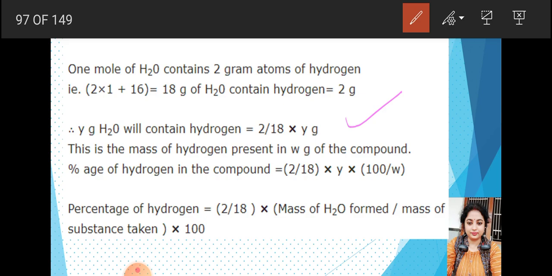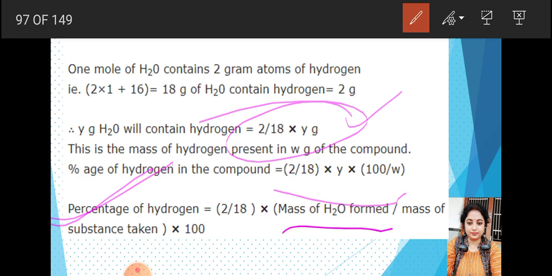This implies that W gram of the compound contains this much hydrogen. So for percentage, 2 by 18 into Y by W into 100. So the percentage of hydrogen is 2 by 18 into the mass of water formed by the mass of compound taken, into 100. By this, we can calculate the percentage of carbon and hydrogen.